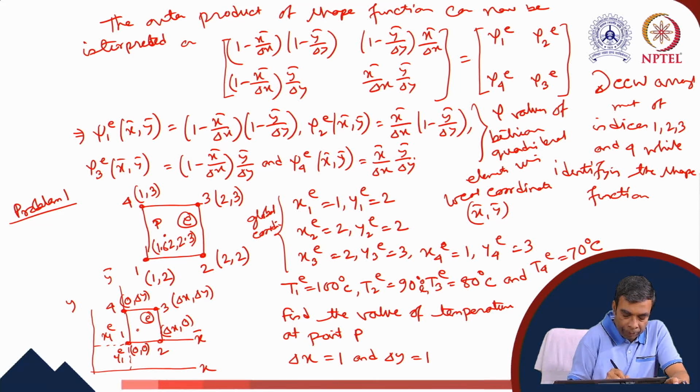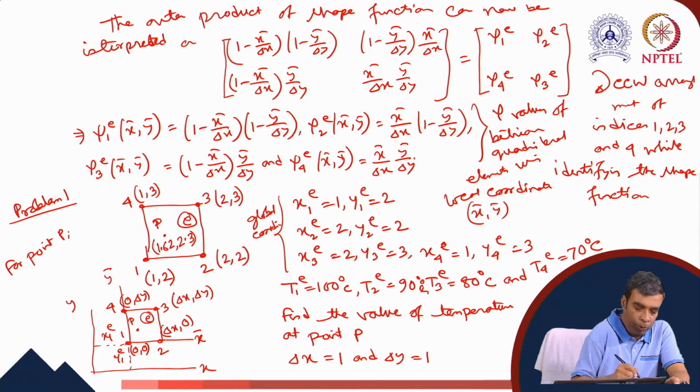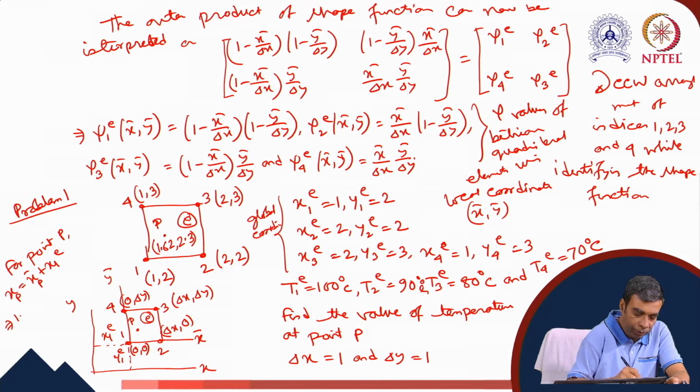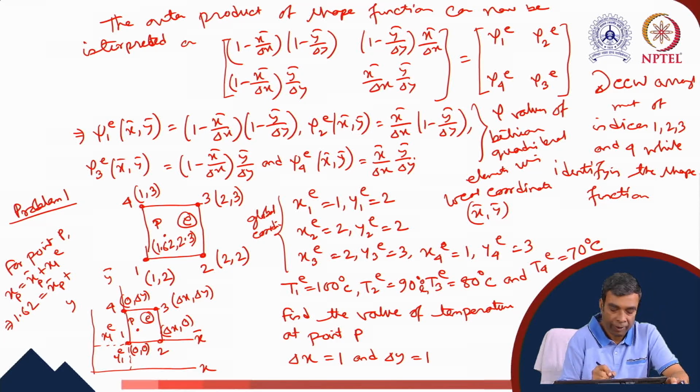Now we have point P here. For point P, we use the relation x equals x bar plus x1e. So x for point P equals x bar for point P plus x1e. Now x of point P was 1.62, x bar P is unknown, and x1e is given as unit value.